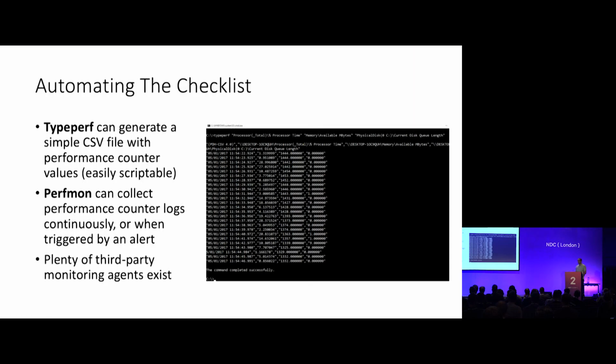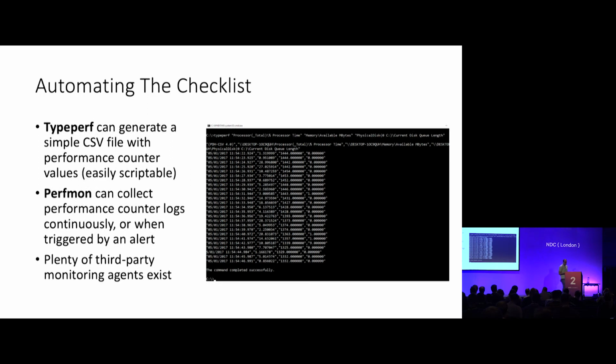And you can automate the process of collecting this checklist and getting alerts based on that checklist. Here are a couple of very basic, rudimentary tools if you don't have anything super fancy to monitor your system. Typeperf is a command line tool built into Windows which can generate CSVs of these different metrics on the console.